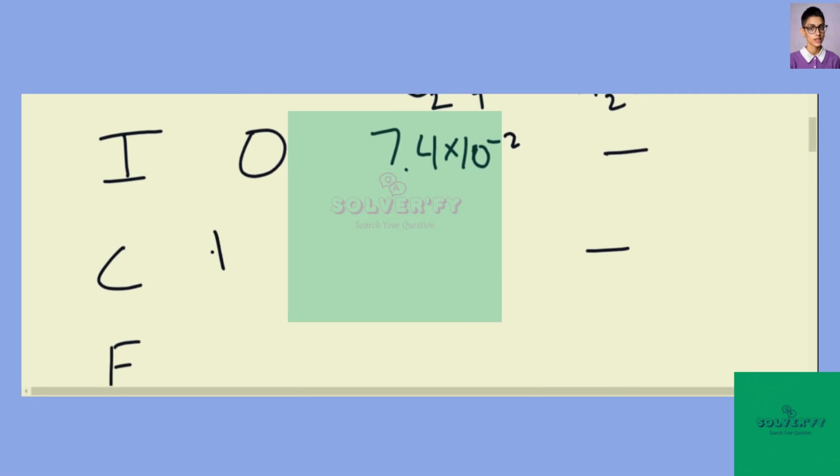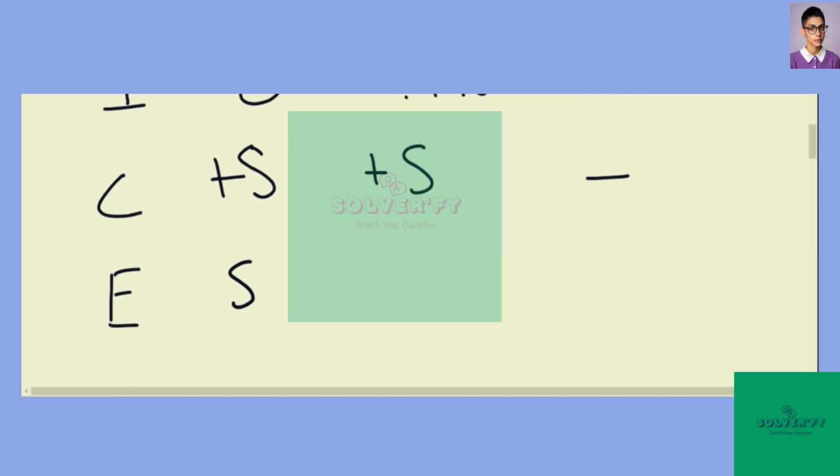And all we do is we say plus S, and this is plus S as well, and we end up with S. Here we end up with 7.4 times 10 to the negative 2 plus S. Okay.